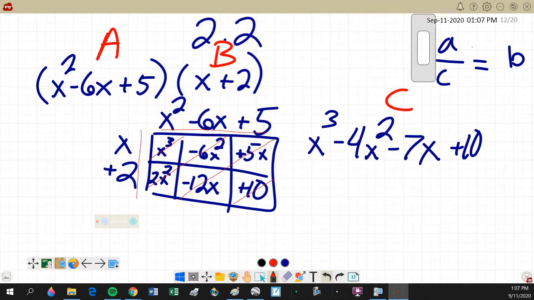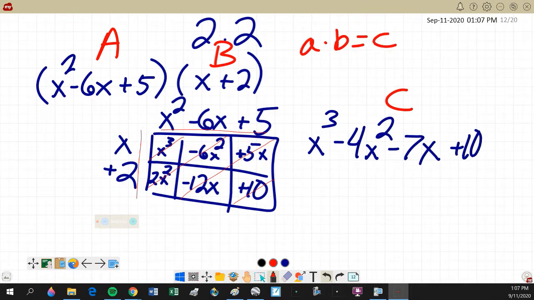Boy, sorry. If A times B equals C, then C divided by B is equal to A. Does that make more sense? Sorry, guys. So, if A times B equals C, then I should be able to do C divided by B is equal to A.